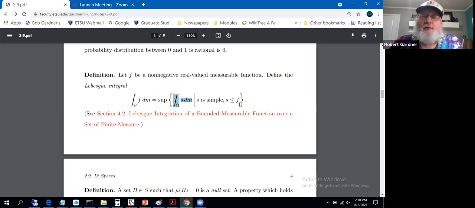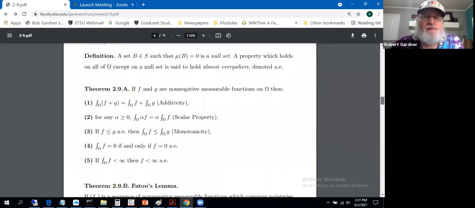The functions are less than or equal to f. So I expect these integrals to be smaller than what I want this value to be. So we'll take a supremum over all such simple functions. That's what the sup's being taken over. And that's the definition of the integral of a non-negative measurable function. So we've defined the Lebesgue integral for simple functions, for non-negative functions, always measurable. What's left is functions that are sometimes positive, sometimes negative, and that's to follow.